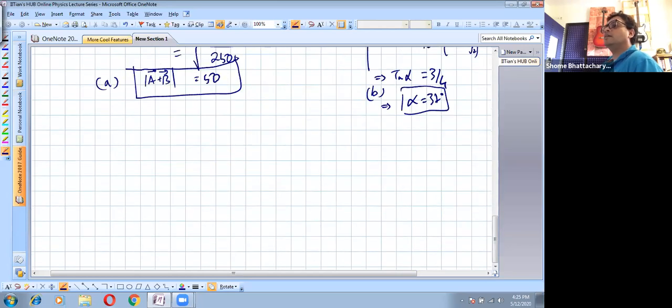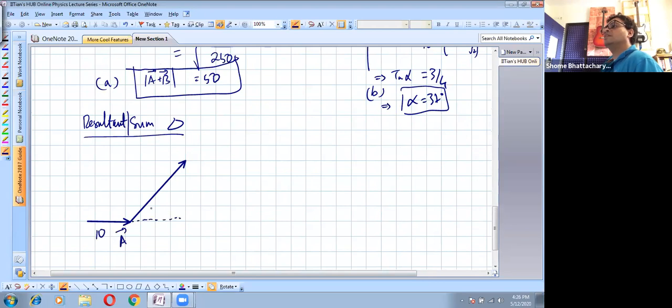If you're going by triangle law, the resultant or sum triangle will look roughly something like this. This exterior angle is theta equal to 45 degrees.